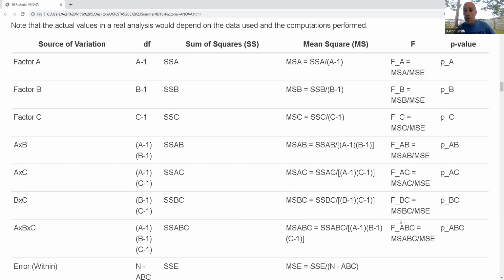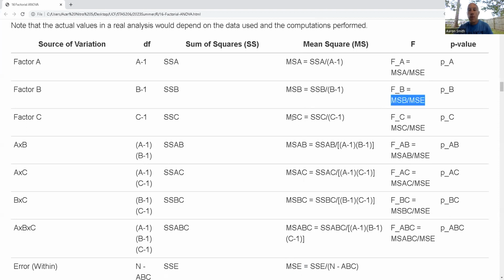Now, to get my F statistic, remember that the F test is taking the ratio of variances and comparing it to 1 using the F distribution. All right, so I take the ratio of variances. So I take MSA divided by mean squared error. Boom, that's my first F statistic. I take my mean square B divided by mean squared error.